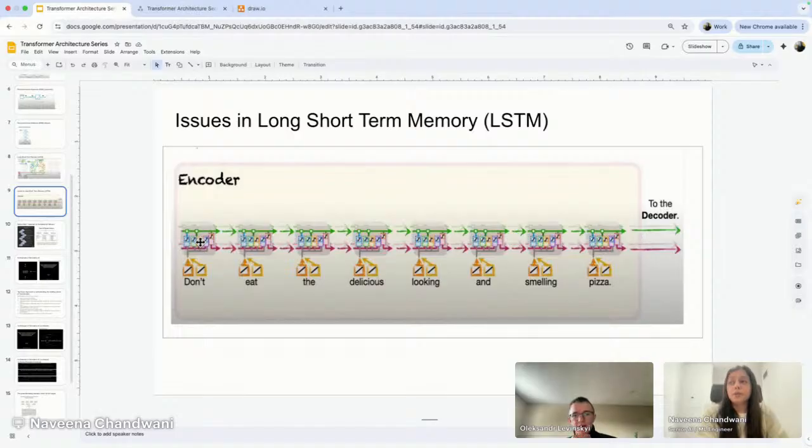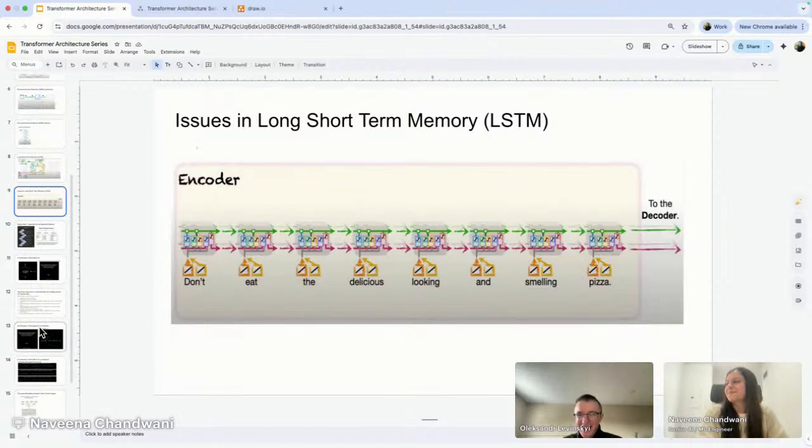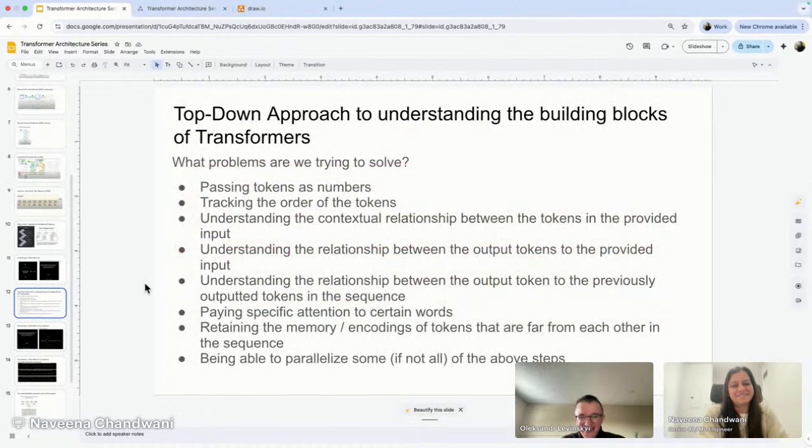If these words are fed in sequentially, one after the other, by the time you reach the last word, and if this is a very long chain, then your initial words will kind of be lost. And with that, you may not capture the right context, and then there will be misinterpretations. Makes sense. Awesome. Excited for the next part for the actual transformer.